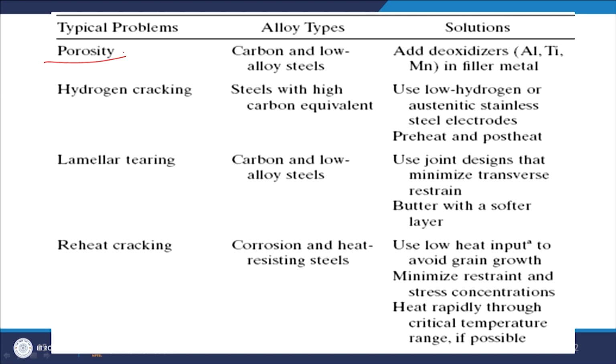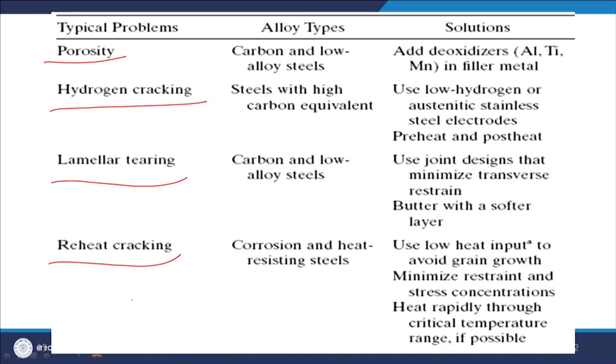Some medium carbon, high carbon and alloy steels show hydrogen embrittlement as well as lamellar tearing tendency, and some chromium molybdenum steels used for high temperature applications, as well as some alloy steels, show a tendency for reheat cracking.